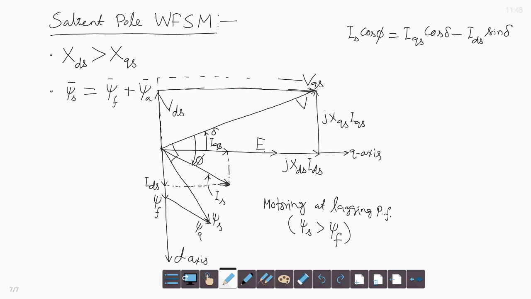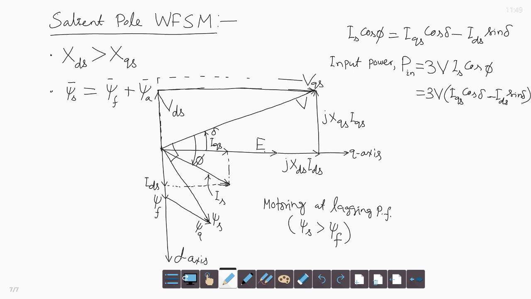So, you have the input power P in is 3 V Is cos phi. You can replace Is cos phi by Iqs cos delta minus Ids sin delta.